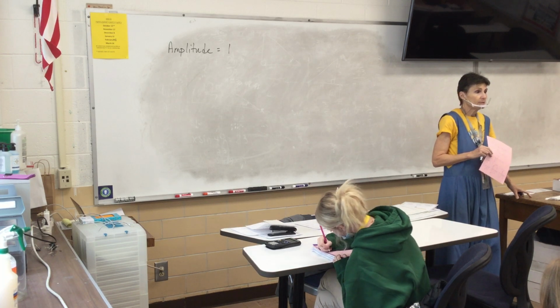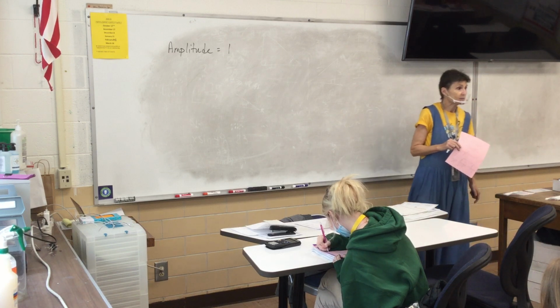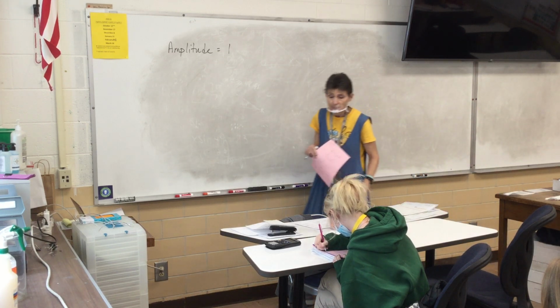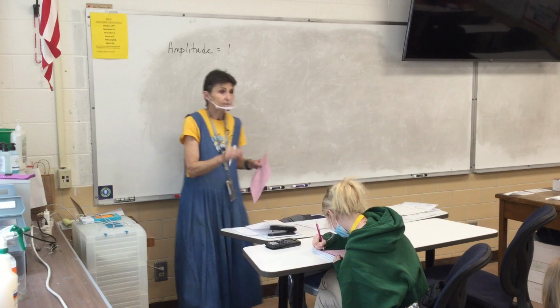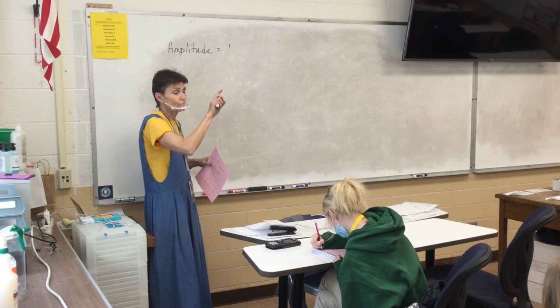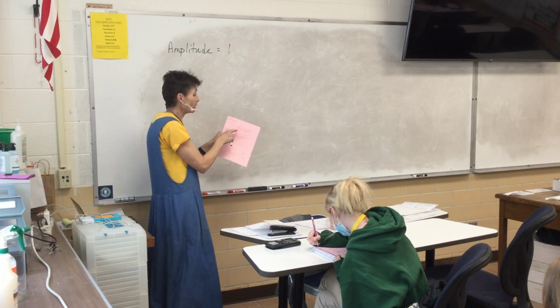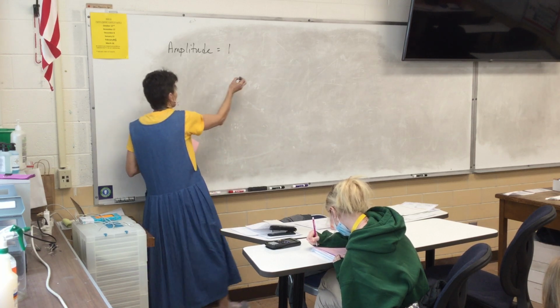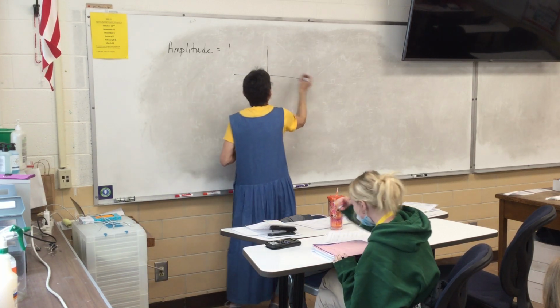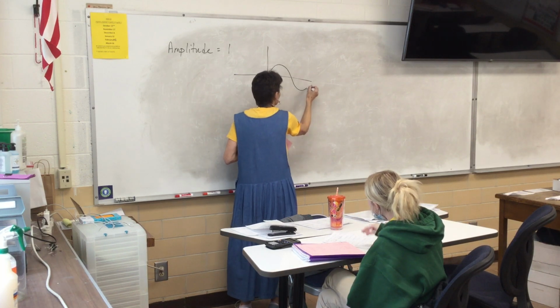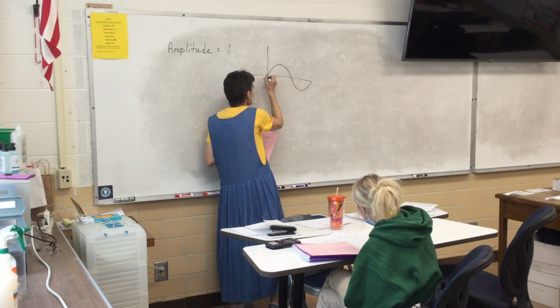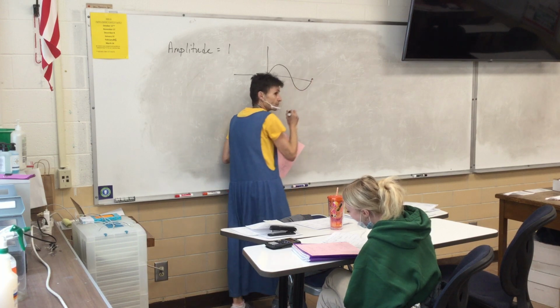Okay? Now the PER stands for period. The period is how far the curve travels before it starts repeating. Now, it's a little bit hard to see on what I drew on your colored sheet, but did you notice it has little arrows on the end?